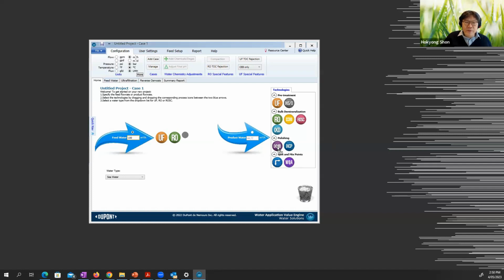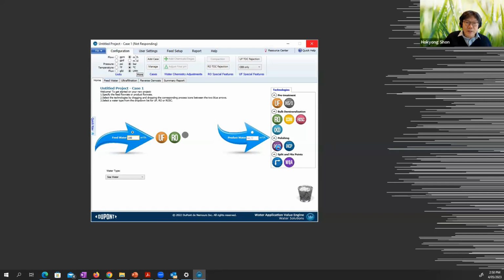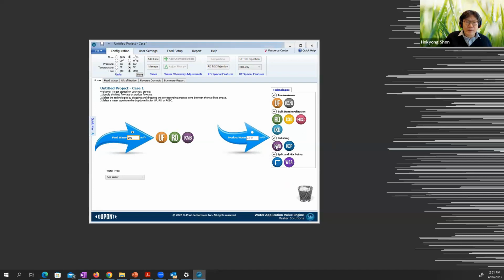And also if you want to make polishing, I need to change resin and mixed bed, because you still don't want the very small ion compounds in your RO permeate.